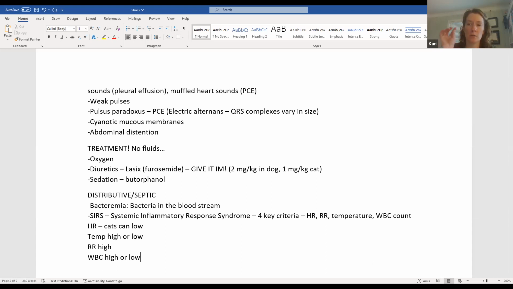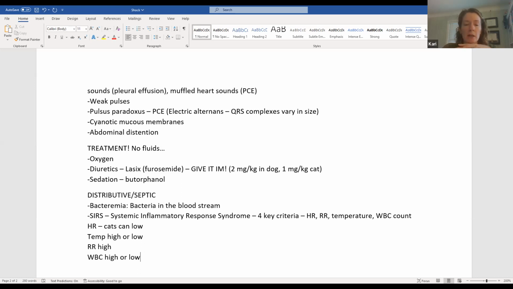There are specific parameters here, but really we're just talking about abnormalities outside of normal. So a fever or hypothermia, bradycardia or tachycardia, tachypnea, and a high or low white count. If they have 2 or more of these criteria, they would technically fit the definition of SIRS.